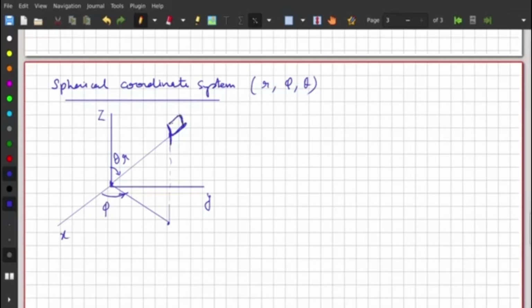Here we have two sides of it, and the third direction is in the radial direction, so this has to be projected in the radial direction. Let me redraw it.